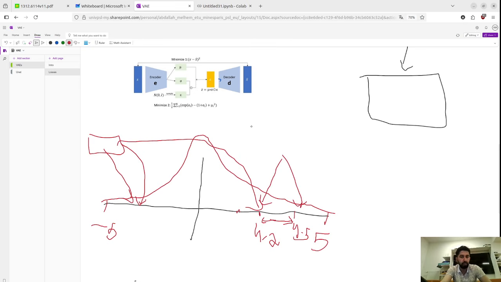So let's say at 4.2 we have an image of a circle, and at 4.5 we have an image of a square. Because we got 4.35, let's say, during generation, which the decoder didn't learn on, it would interpolate between the 4.2 and the 4.5, and we would get a circle which looks like a square.